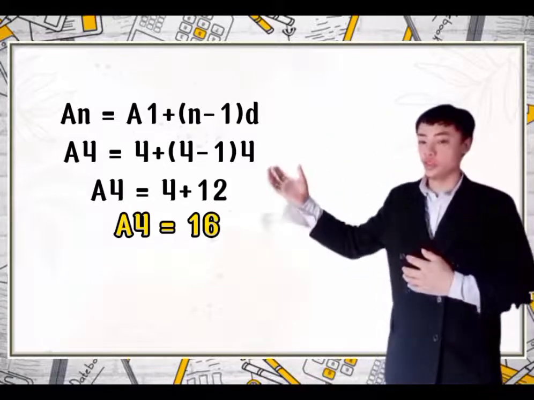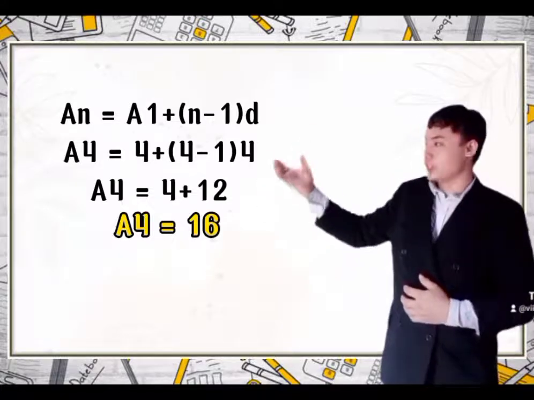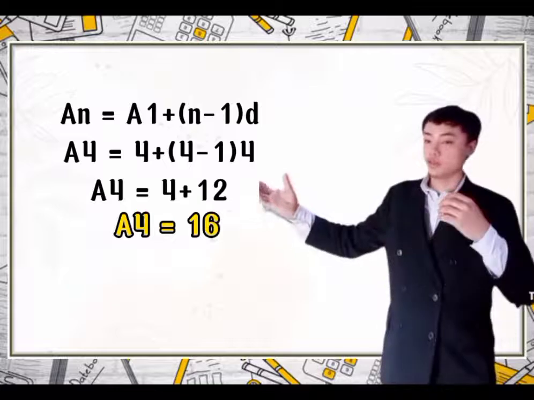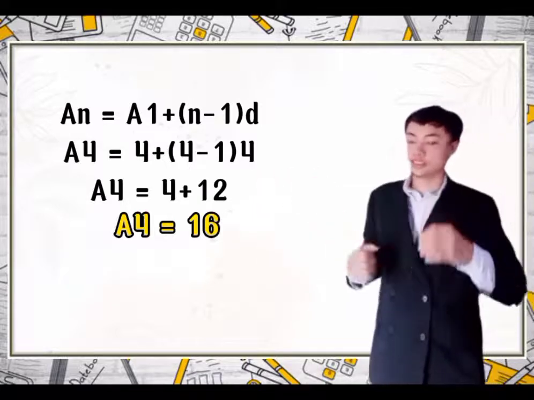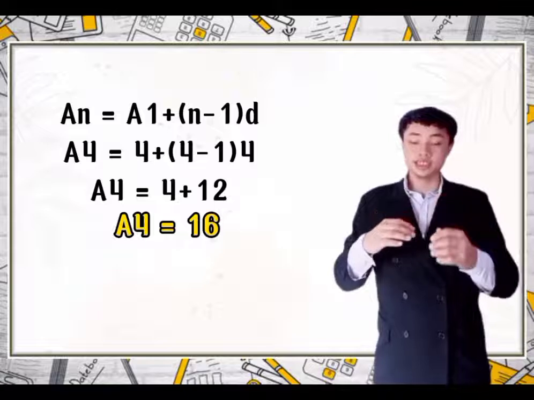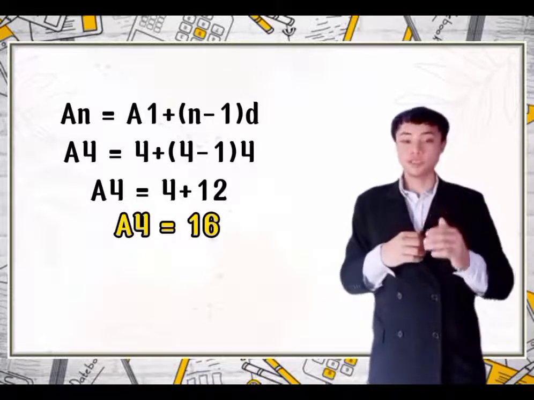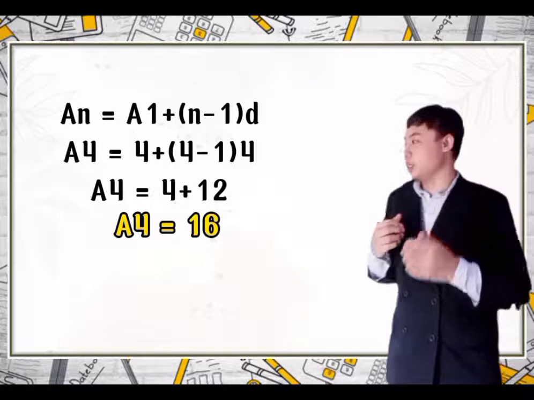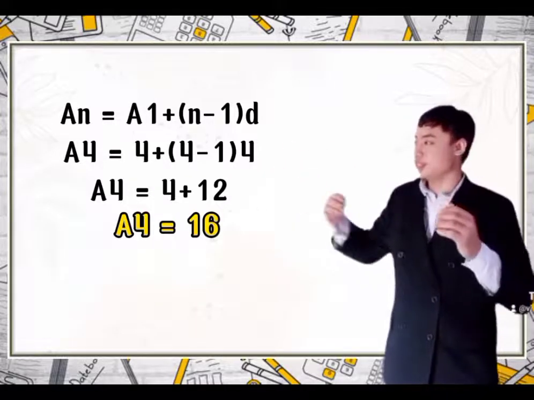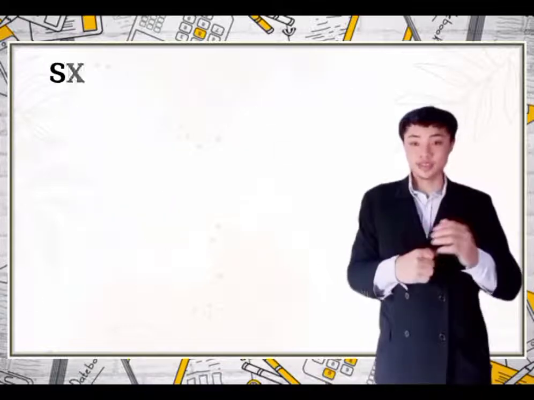Then a sub 4 equals 4 plus 4 minus 1 times 4. a sub 4 equals 4 plus 12. So 4 minus 1 equals 3, then 3 times 4 is 12. That's why it becomes 4 plus 12, which results in 16. So our fourth term is 16.